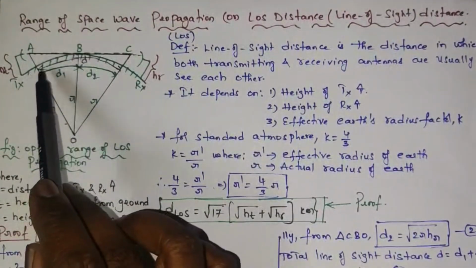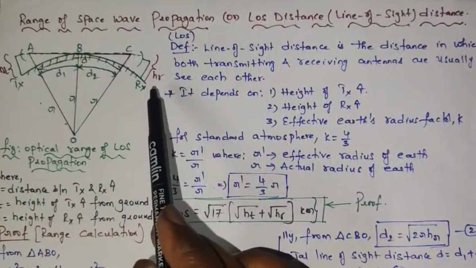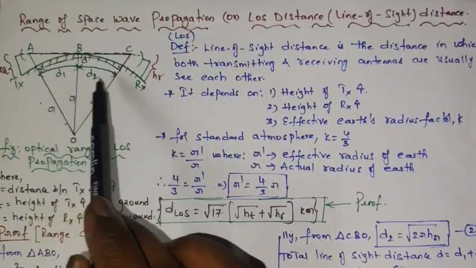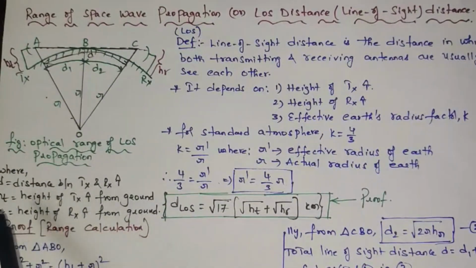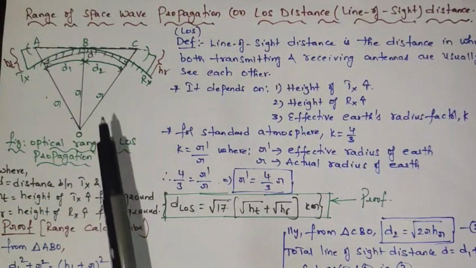If you want the total distance between the transmitting and receiving antenna, you simply add d1 plus d2. So these are the terms which we denoted in the diagram.